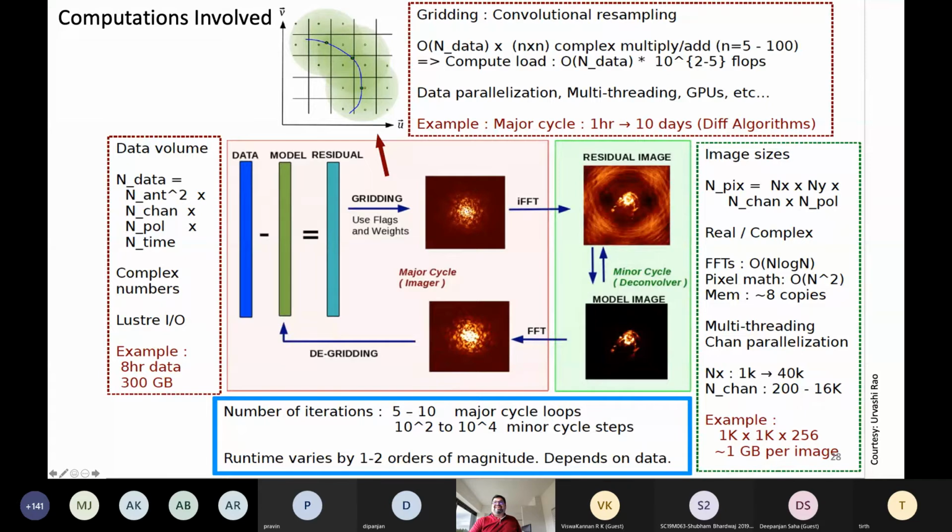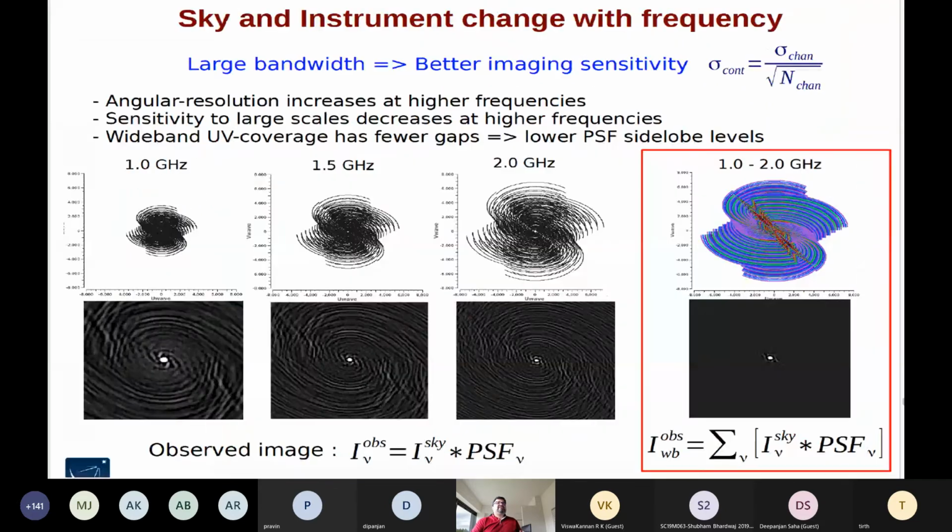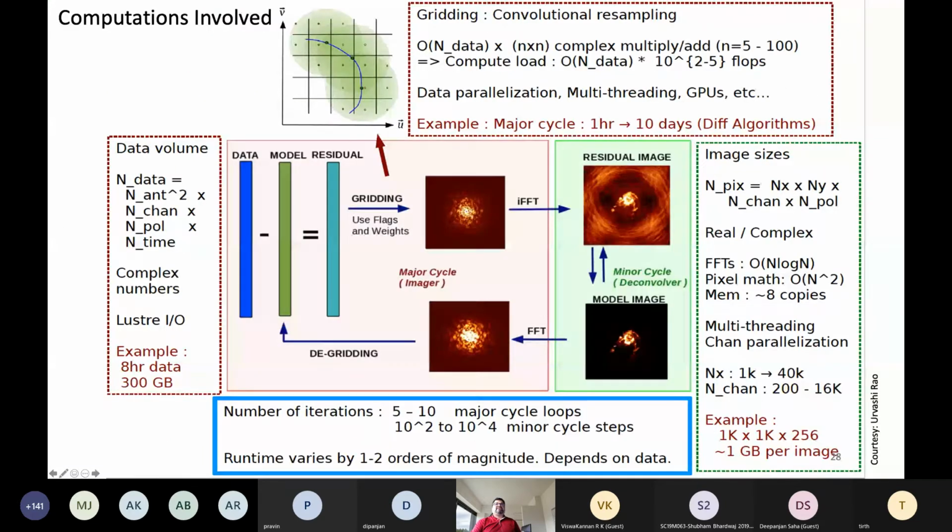So this is a one-page summary of what kind of computation is required for each particular step. If you're looking at the data, that's typically N squared, where N is the number of antennas, multiplied by the number of channels, multiplied by the number of polarizations, which we haven't come to yet. Typically polarization is IQUV, all 4 Stokes, so essentially it is RR, LL, RL and LR.